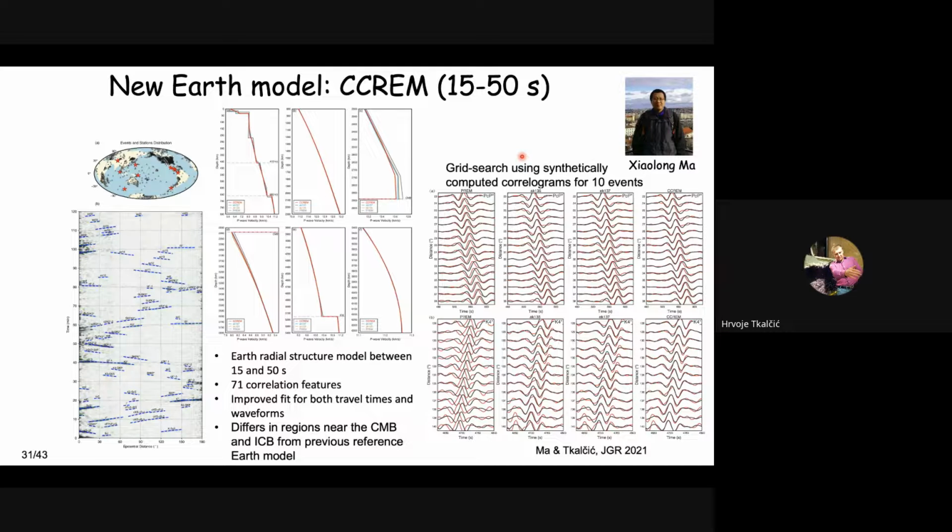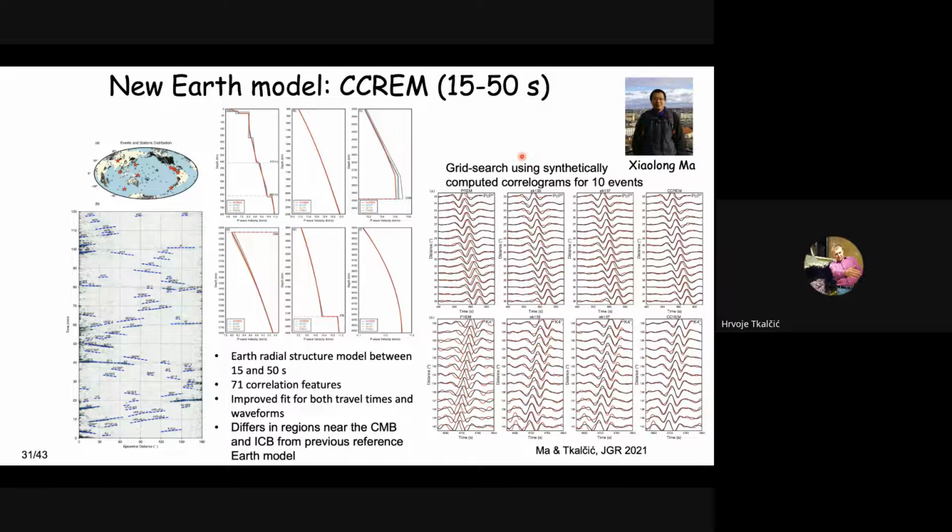Okay, so with this method, the next thing on the to-do list really was to construct a new 1D model of the Earth, but now in this period range between 15 and 50 seconds.